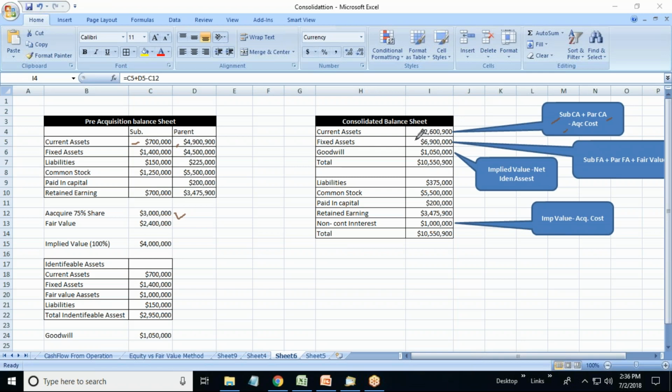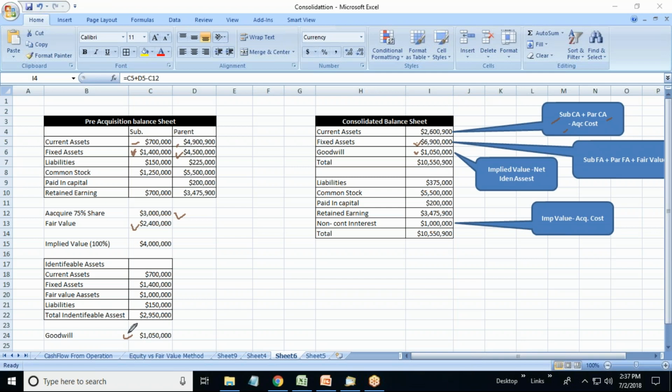Then we calculate the fixed assets: the subsidiary's fixed assets plus the parent's fixed assets. We also add the fair value difference, because the book shows only 1,400,000 where the fair value is 2 million, so we add 1 million additional. This becomes 6 million.